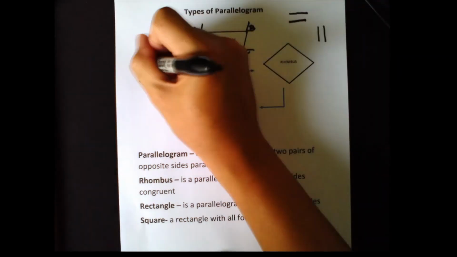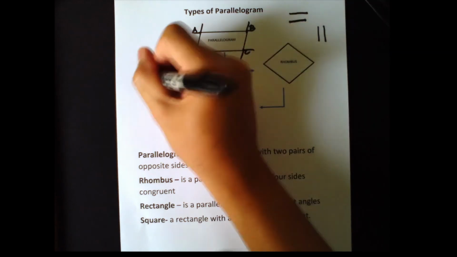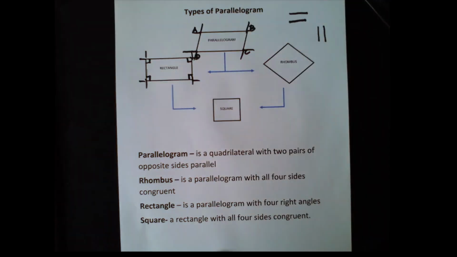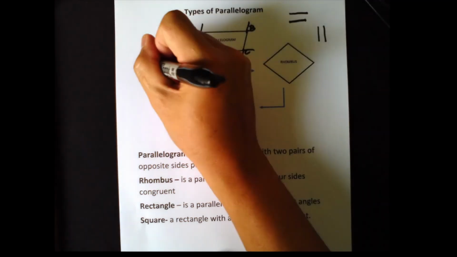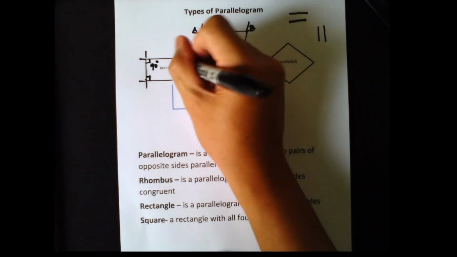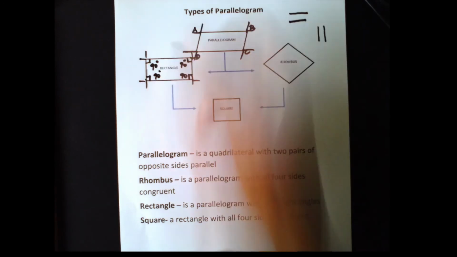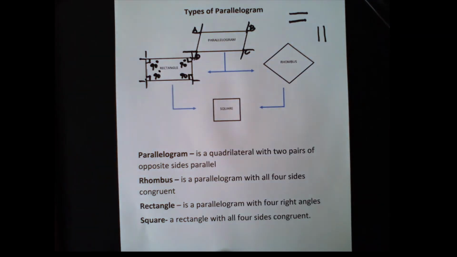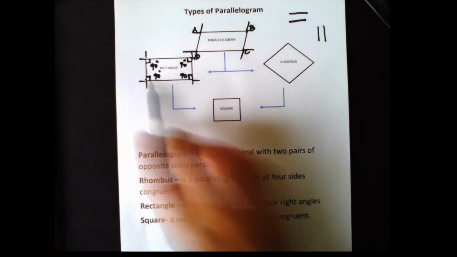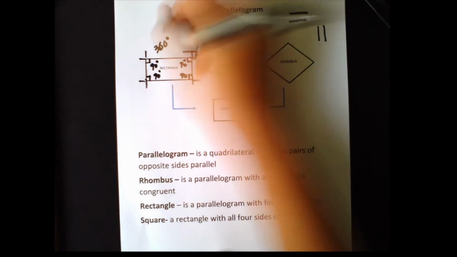Now, the characteristic of a rectangle is the four right angles. Here we have four right angles. A right angle has a measurement of 90 degrees. So if we have 90 here, 90 here, 90 here, and if you add them, the total is 360 degrees.